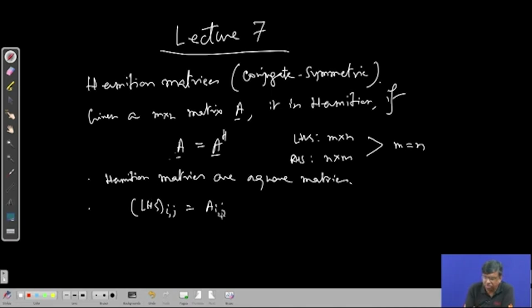And on the RHS, the i comma jth element: first there is a transpose, and then a conjugate.